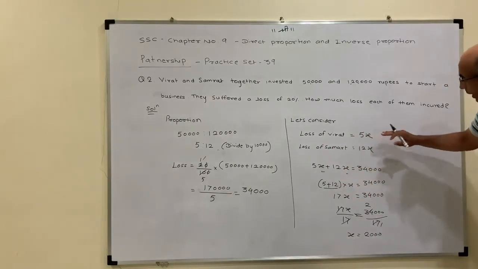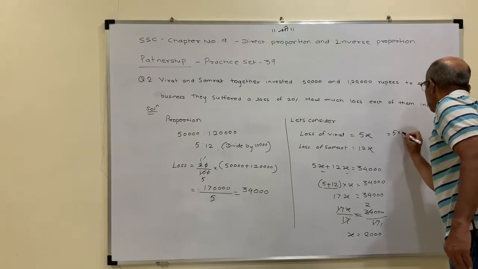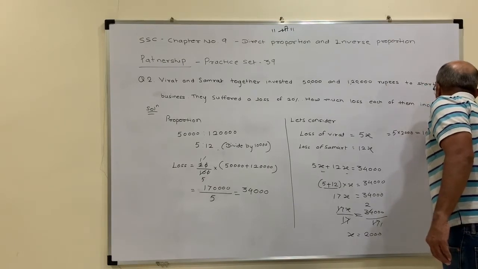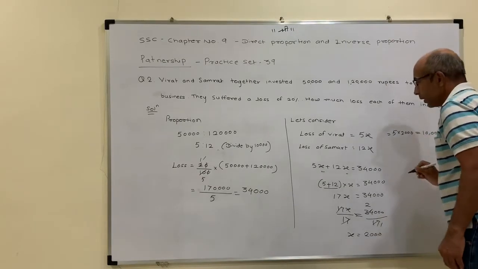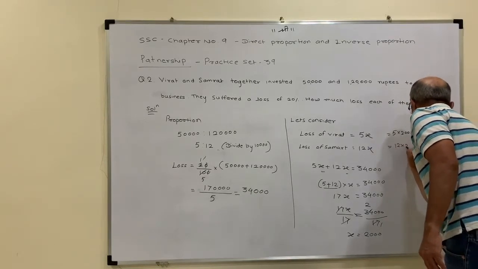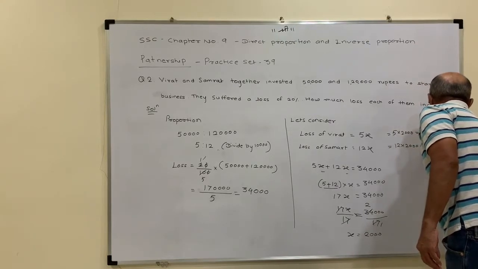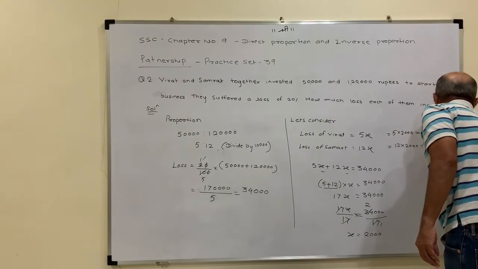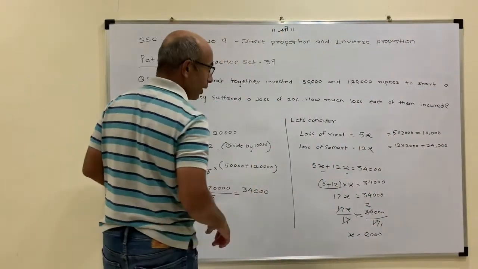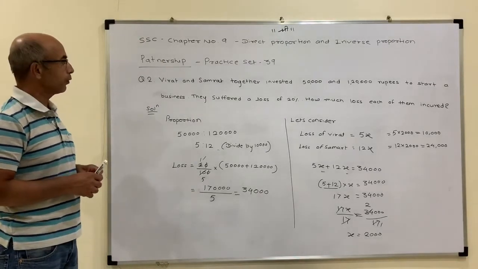The loss of Virat will be 5x, that is 5 into 2000, that comes out to be 10,000. And loss of Samrat is 12 into x, that is equal to 24,000. So now Virat's loss is 10,000 rupees and Samrat's loss is 24,000 rupees.